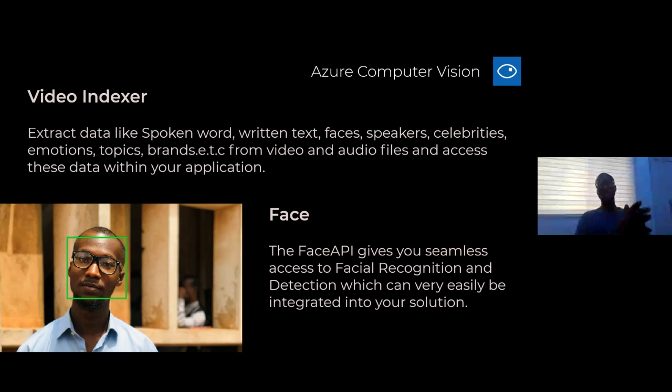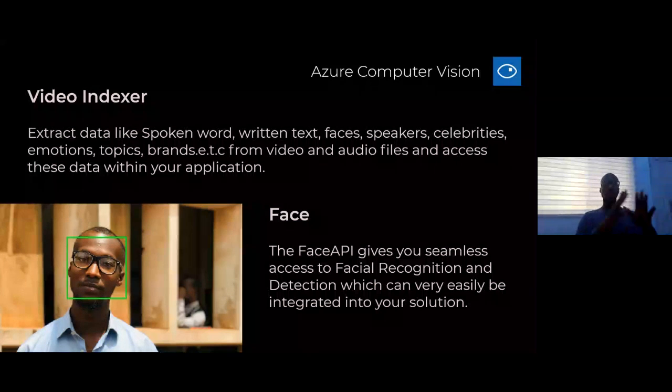You can do that with video indexer. There are so many things you can do with video indexer, but we won't spend much time on that. Like I said, I'll just run you through and we can move on. I really hope you guys have questions after this session because I'm really interested in answering your questions and making everything clearer to you.